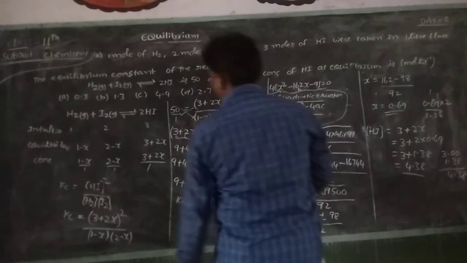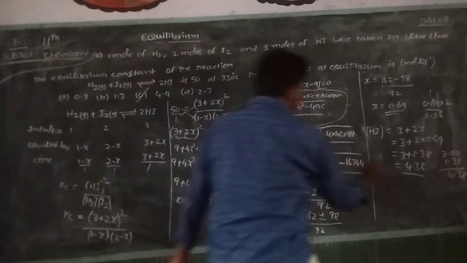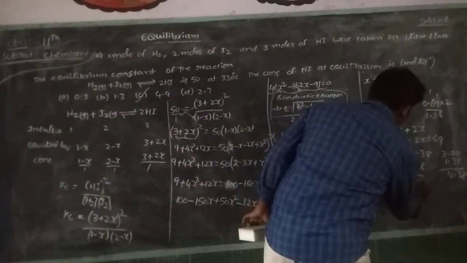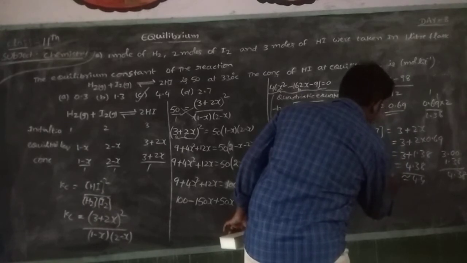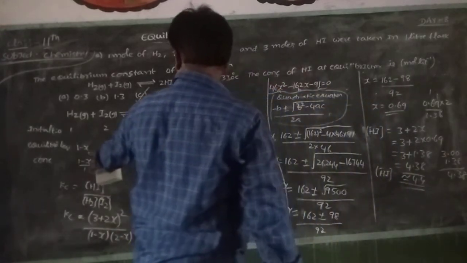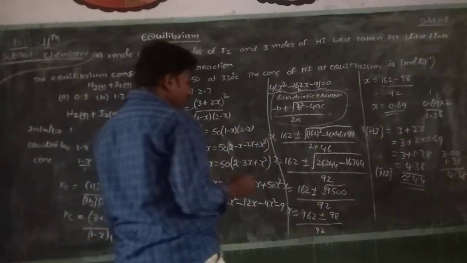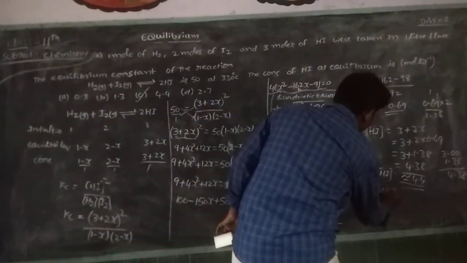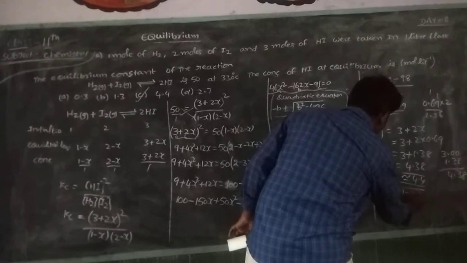Almost the answer is 4.4. HI at equilibrium is 4.4. Suppose you have to find the H2 concentration, 1 minus x.